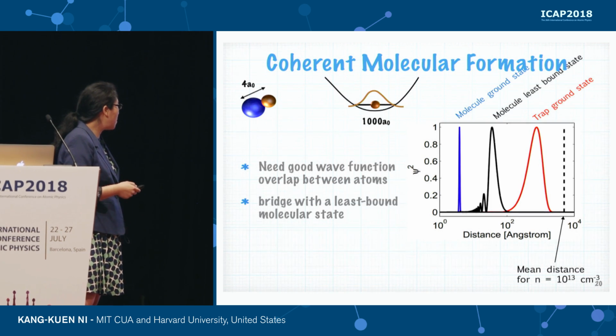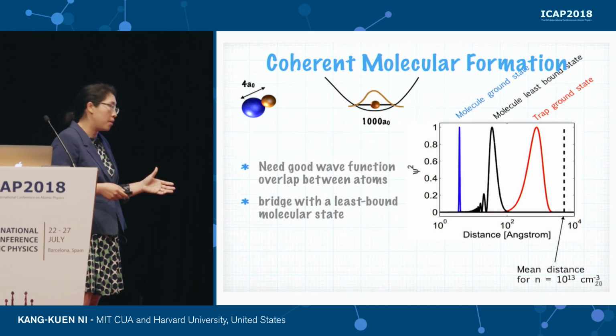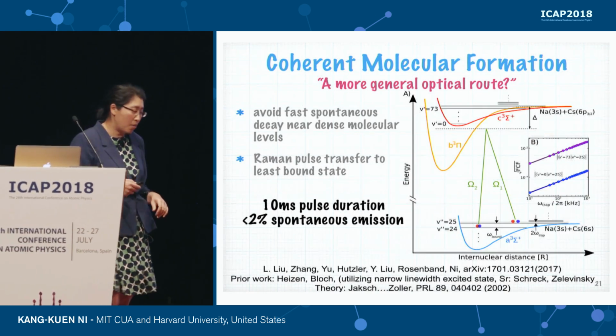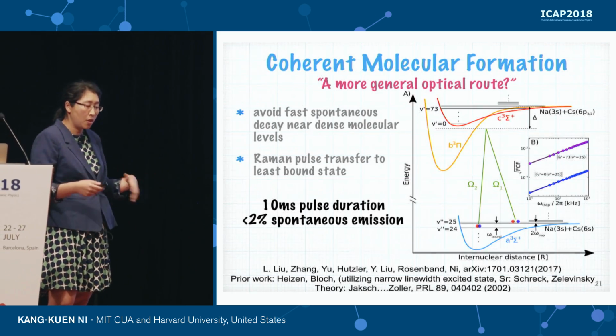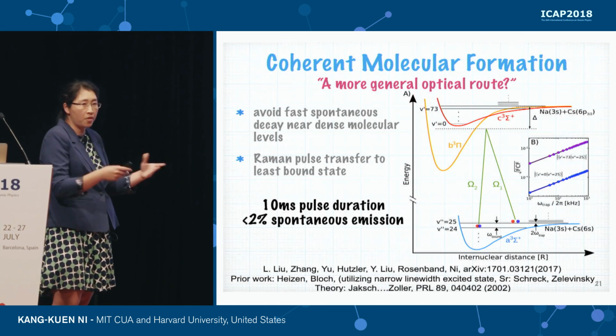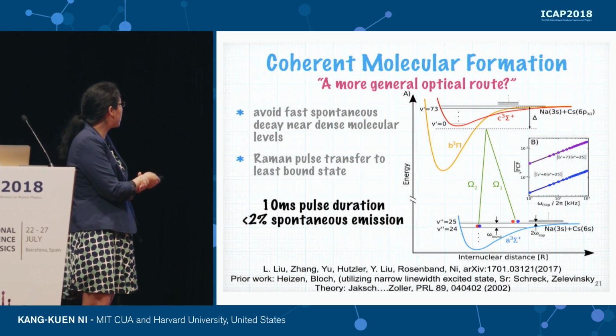So to do it, we have to bridge it with the least bound state. Traditionally, people do it with the Feshbach resonance. In our case, we want to use a more general technique, an optical route, to be able to transfer these atoms into molecules and hopefully be able to apply it to a larger range of atomic species.